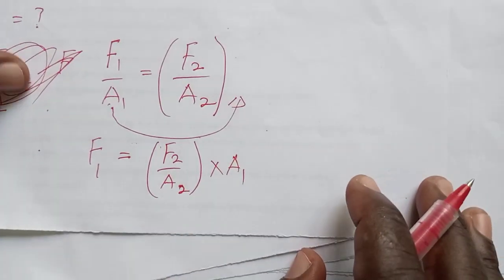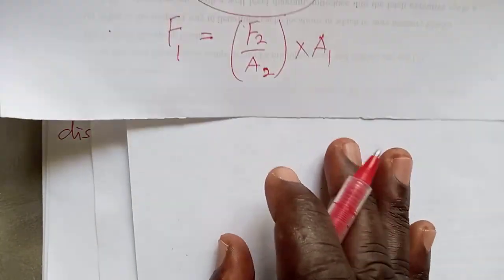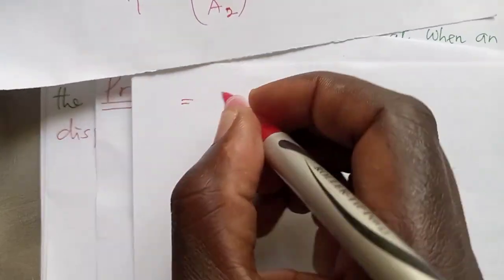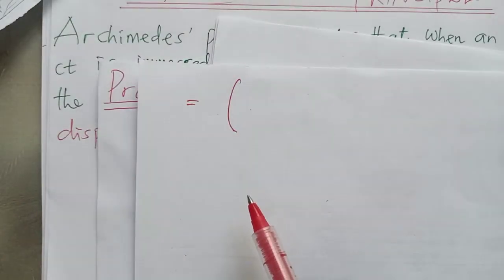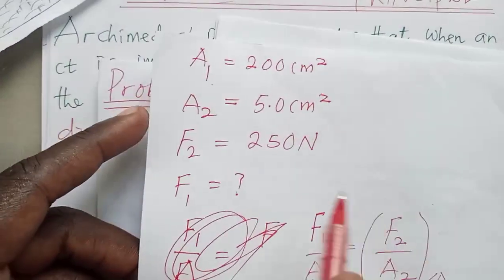Then I will now make correct substitution. I will just continue and say this is equal to open bracket. What is my F2? I have them here.